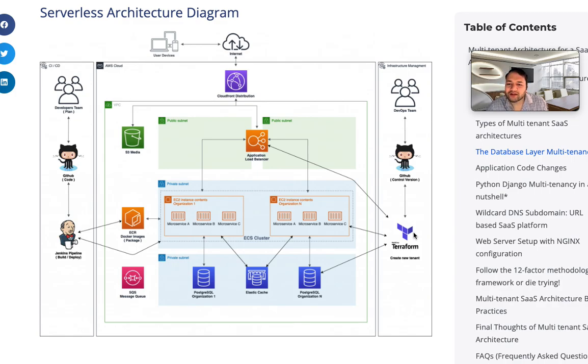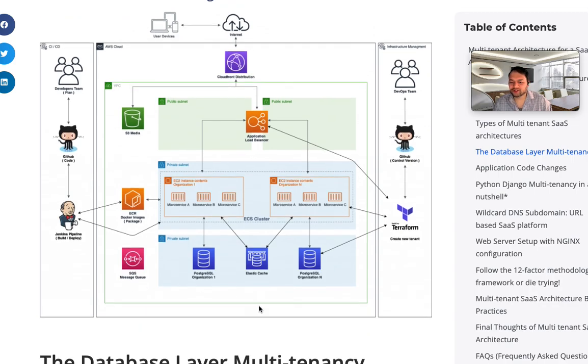Yeah, this is exactly the same serverless architecture diagram that I talked about in the previous video, with the S3 media and the load balancer connecting to the front, the CDN, and then the load balancer passing the requests over to either of the EC2 instances, which have their own microservices and connect to the caching and the databases in the layer behind, and the message queue that talks through the events.